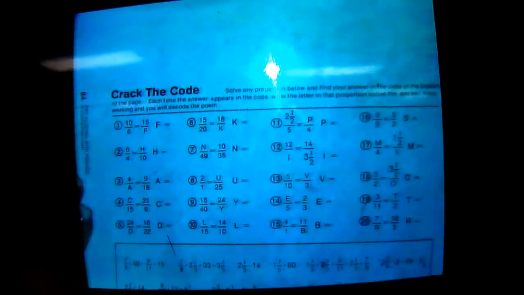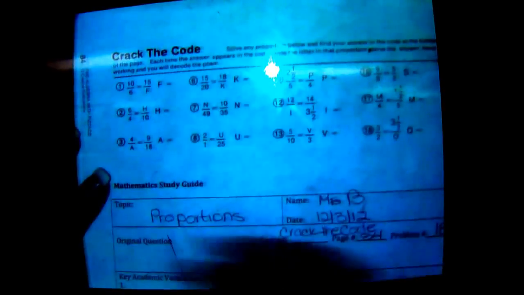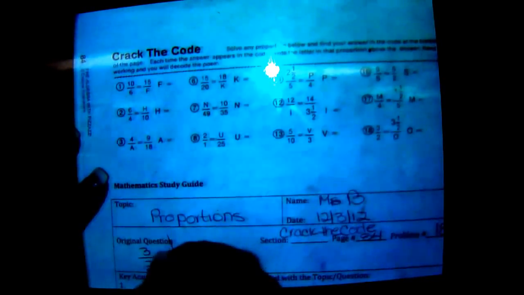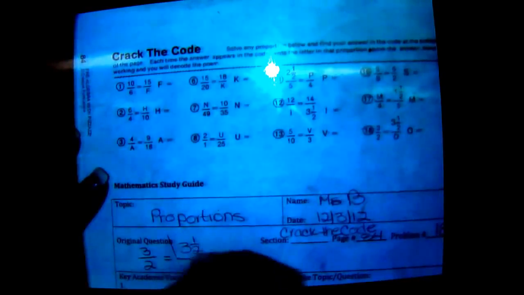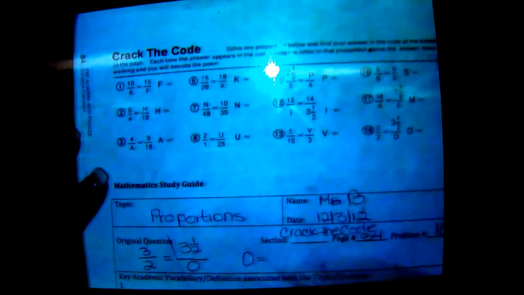And the problem number we decided we were going to do was 18. Then we write the problem. The problem is 3 halves equals 3 1/2 over the letter O, and we're looking for O equals.